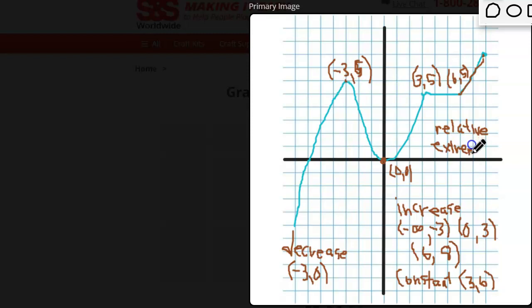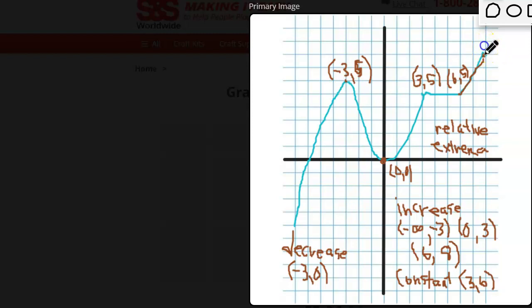So we also have absolute maximum and absolute minimums, or absolute extrema, and that is an M. Just can't draw very well. All right, an absolute maximum will be absolutely the highest point on the graph. Nothing will be higher.